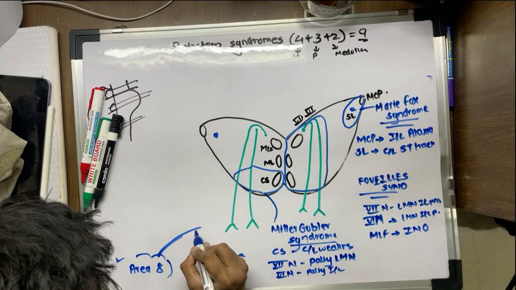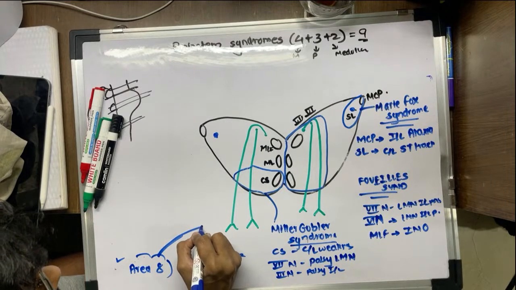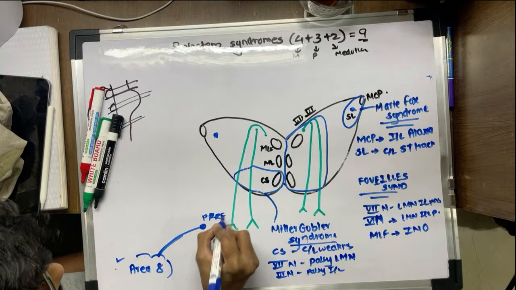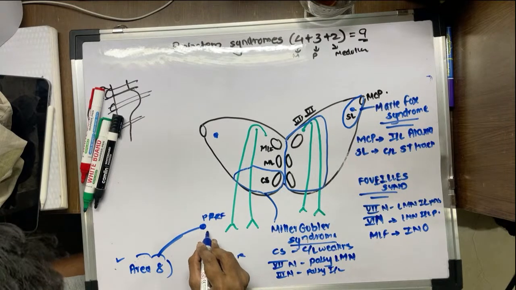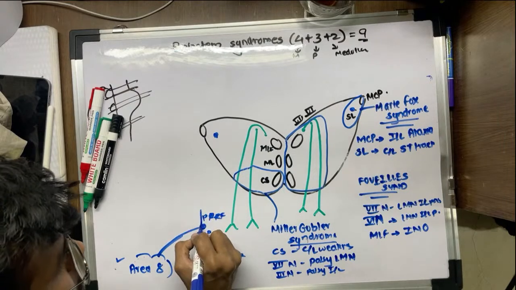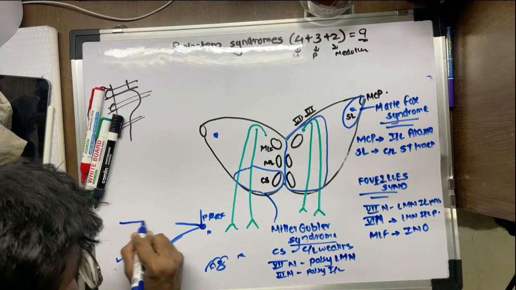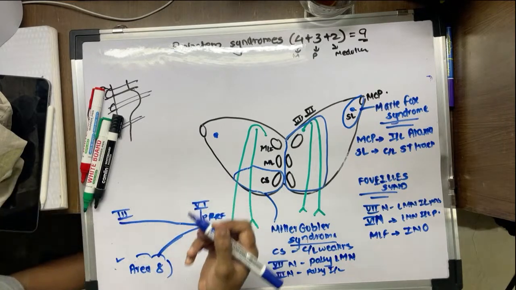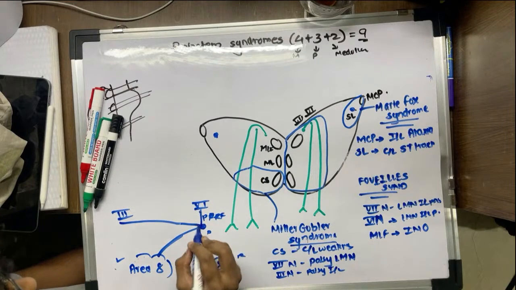Left side area number 8 will give fibers to the PPRF of the right side, and this PPRF will give fibers to the third nerve of the opposite side and the sixth nerve of the same side.